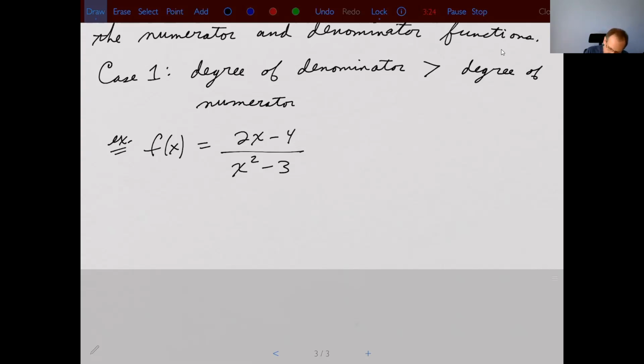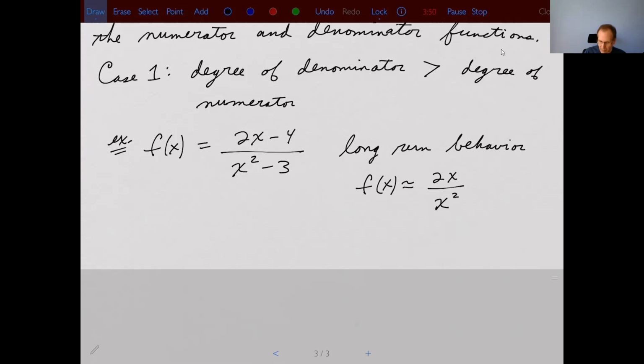So for long-run behavior, this function is going to look approximately like 2x, because that's the leading term of the numerator, divided by x squared, because that would be the leading term of the denominator.